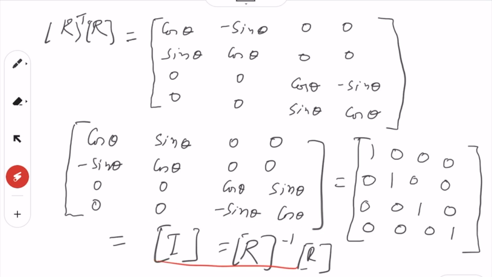If I is the identity matrix, meaning only 1 on the diagonal and all other zeros, then you can also get this by multiplying the inverse of a matrix with that matrix. So this is also true.